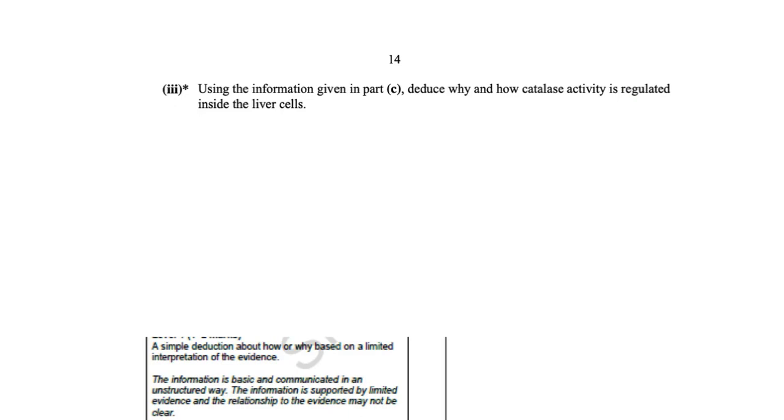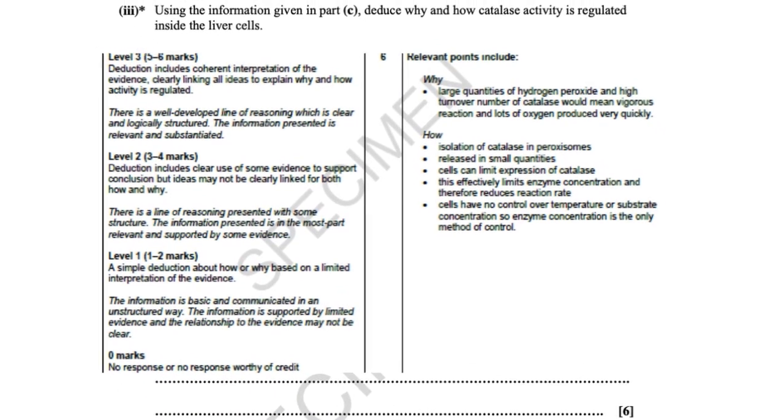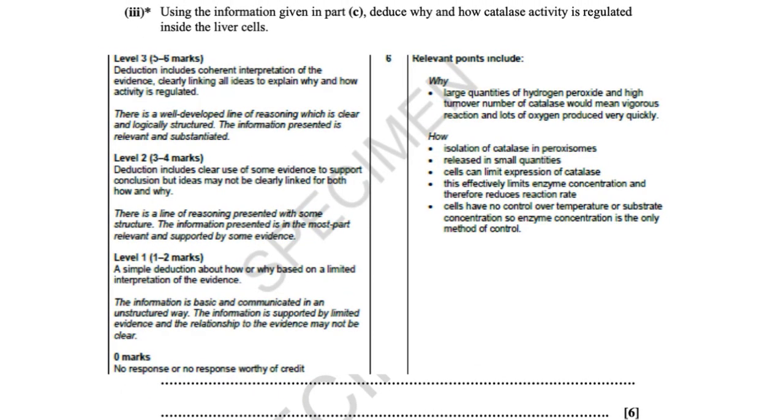And points that they're looking for here. Why you need to regulate it is because the liver cell is going to produce large quantities of hydrogen peroxide, and the problem is if you had a very high concentration of catalase, it would mean you would produce lots of oxygen very quickly, and it would be a very vigorous reaction.